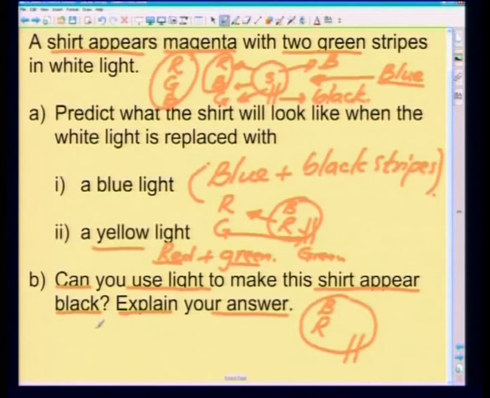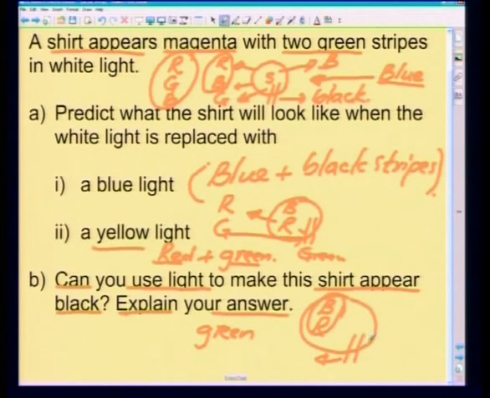If we bring any other color, say we bring a green one here, right? We will see the two stripes, but that will be black. There will be nothing to reflect for those.